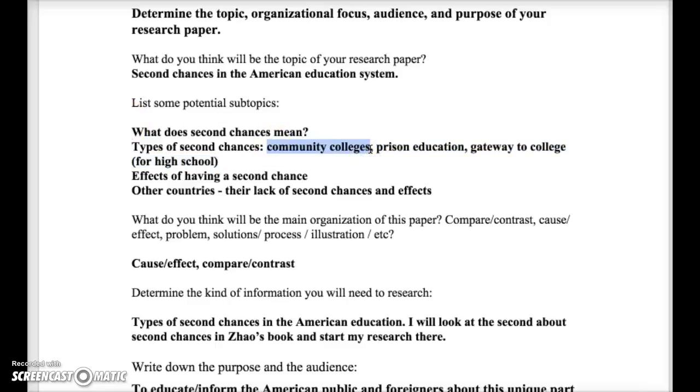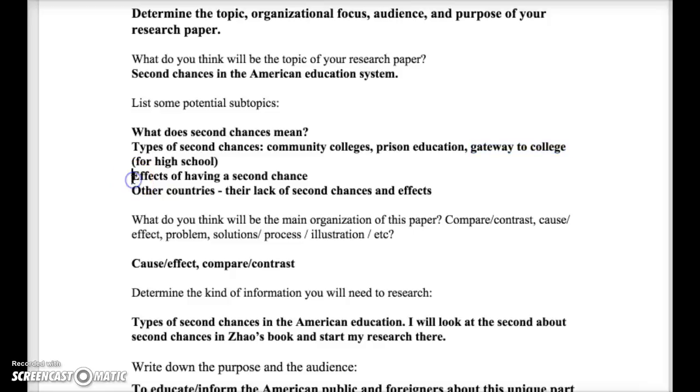Those are second chance institutions. Going to look into prison education and the different opportunities the government gives to people who have gotten out of prison to complete their education. And then the Gateway to College program, which is something that Laney offers. These are all examples of giving people another chance to complete their education.